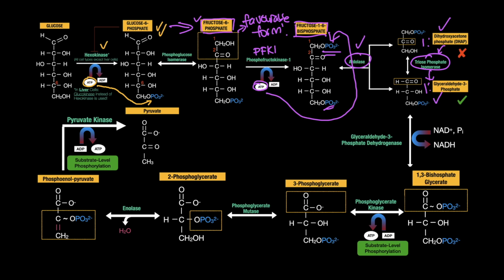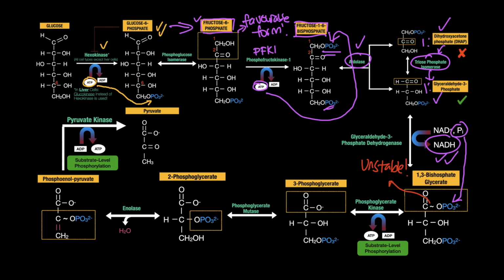Glyceraldehyde 3-phosphate is oxidized by GAPDH to generate the reducing equivalent NADH, and in the process, a phosphate group is added to form 1,3-bisphosphoglycerate. Now, this 1,3-bisphosphoglycerate is an unstable molecule due to a high energy bond.